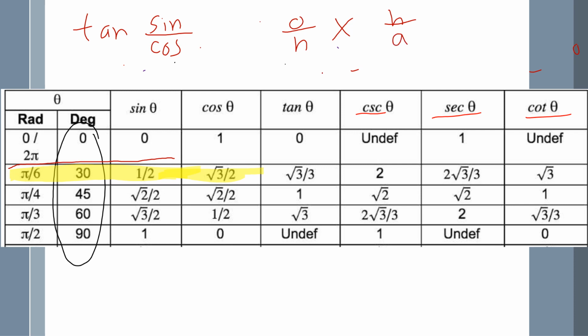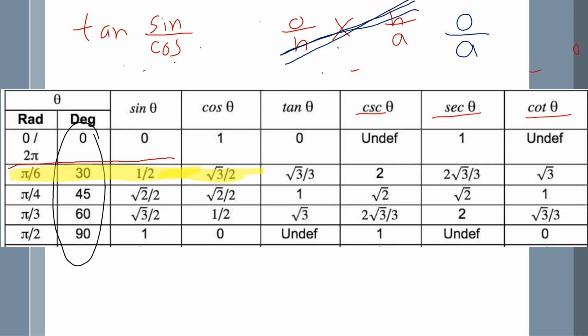So both hypotenuses cancel, and we're left with opposite, which was the sine, over adjacent, which is cosine.